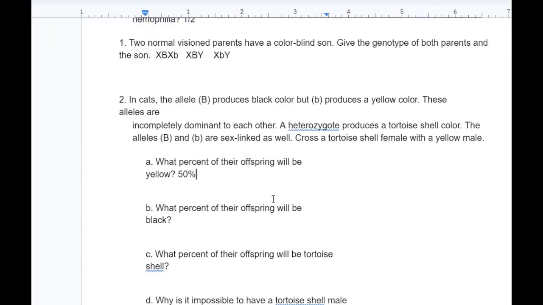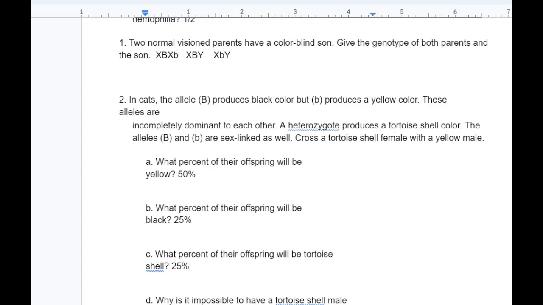All right, what percent of them will be black? 25%. And it'll only be male. What percent of their offspring will be tortoiseshell? That's one female. 25%. Yeah, and they just asked the question I asked: why is it impossible to have a tortoiseshell male?